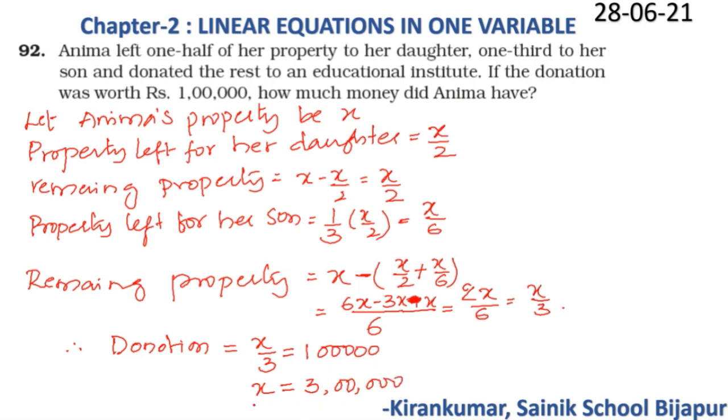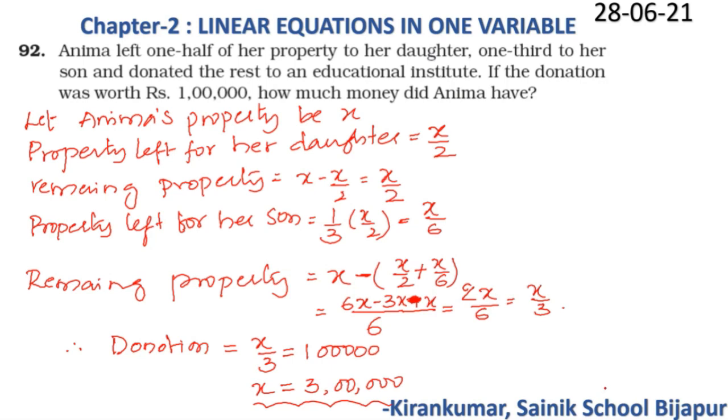So she was having 3 lakh rupees and she has given half of that, 1.5 lakh, to her daughter, and 1 lakh to her son, and the remaining 1 lakh she has given as a donation to the educational institute.